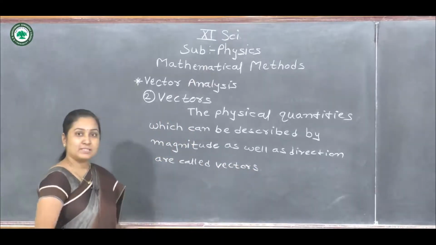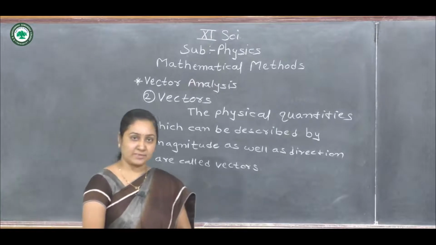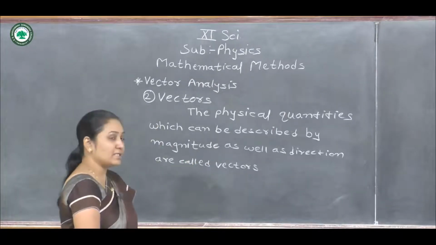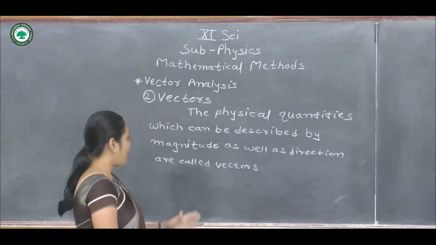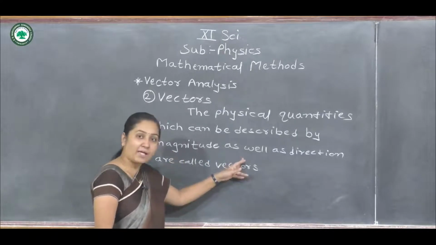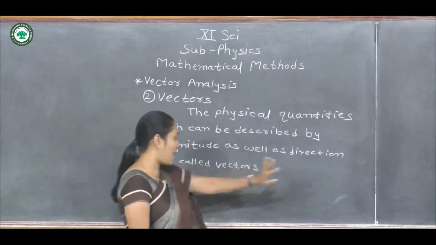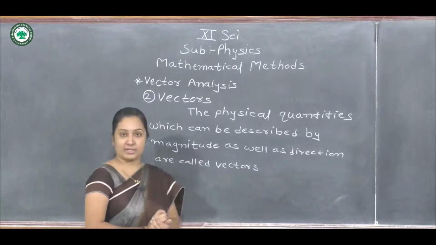So this is the definition of vectors. The physical quantities which can be described by its magnitude as well as direction are called vectors.